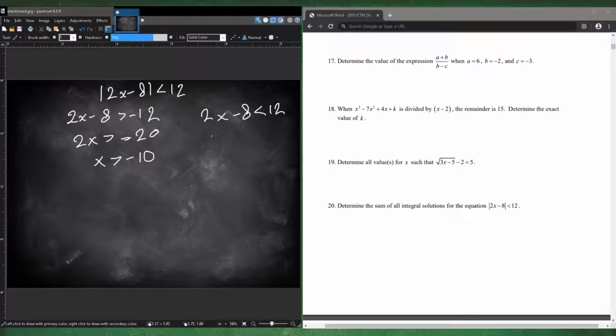And then we have where our 2x is less than 20, and x has to be less than 10.